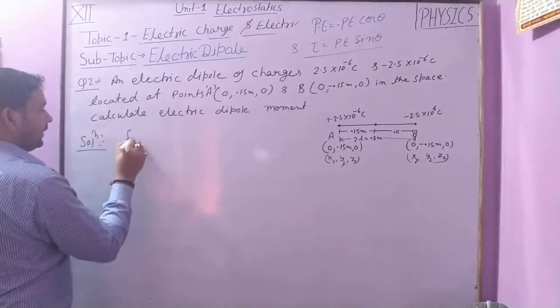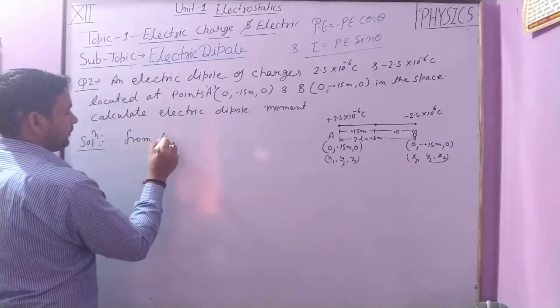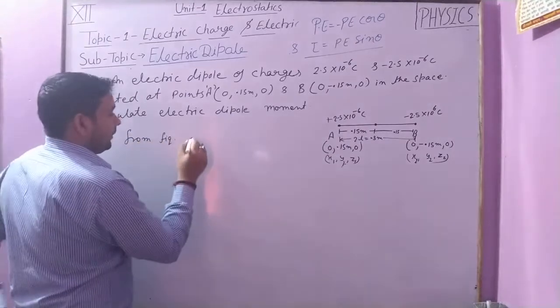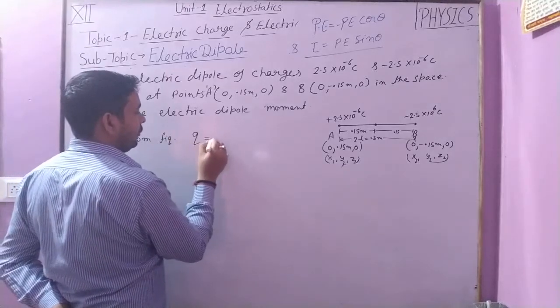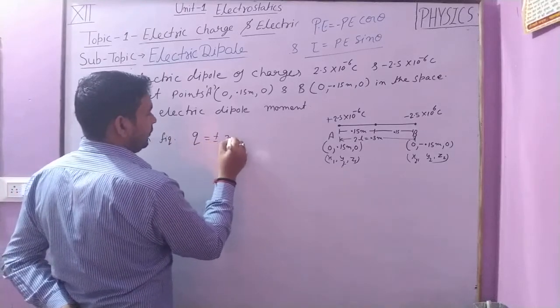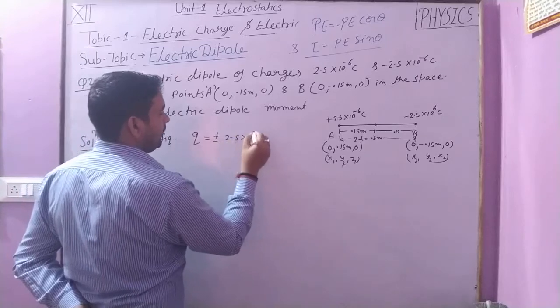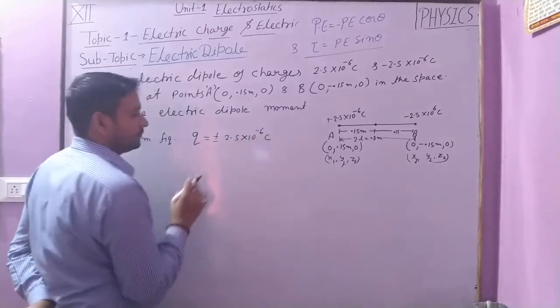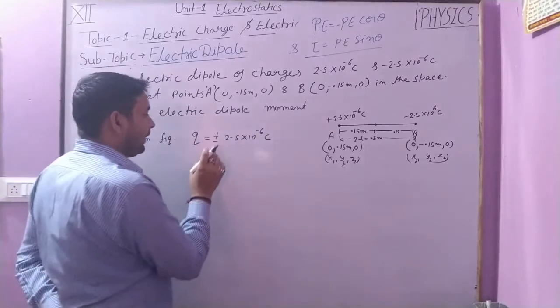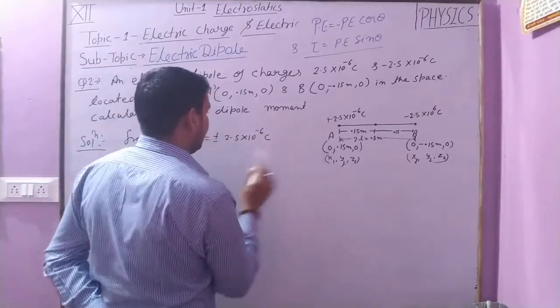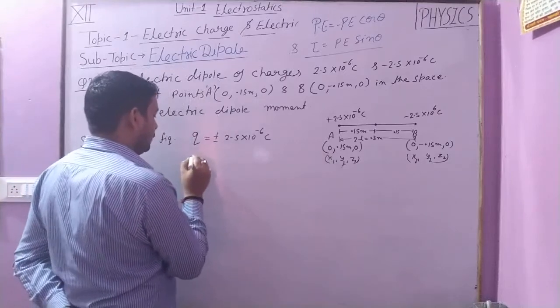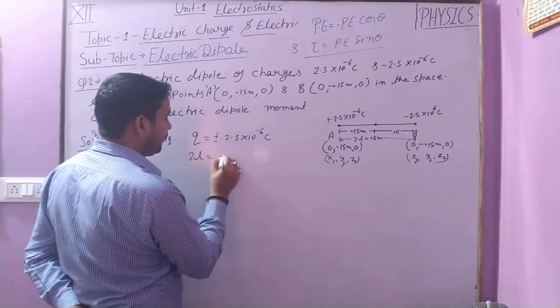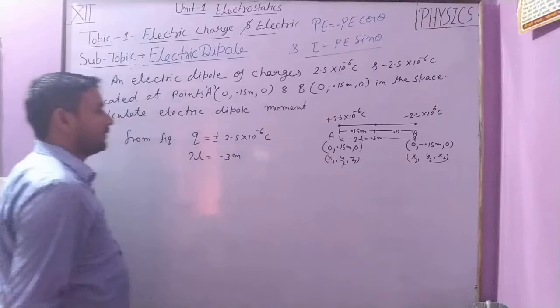Therefore, from the figure we have charge Q equal to plus minus 2.5 into 10 to the power minus 6 coulomb. We can use either charge here. The distance of the dipole 2L is equal to 0.3 meter.